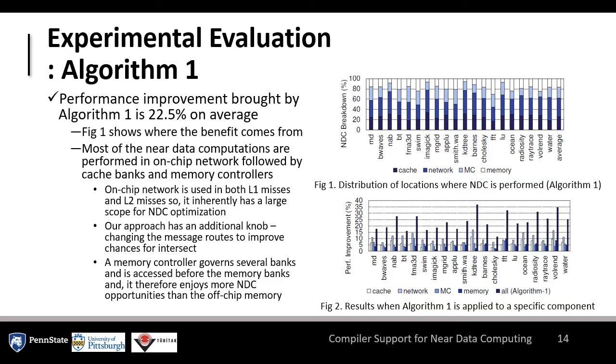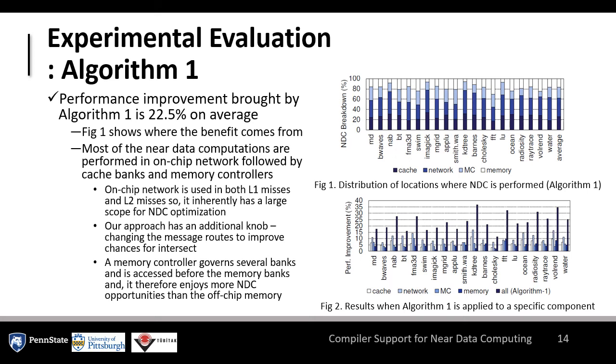Now I would like to present some experimental results for both algorithm 1 and algorithm 2, and this is showing the behavior of algorithm 1. For each benchmark, it shows the distribution of the cases where we exploit near data computing.